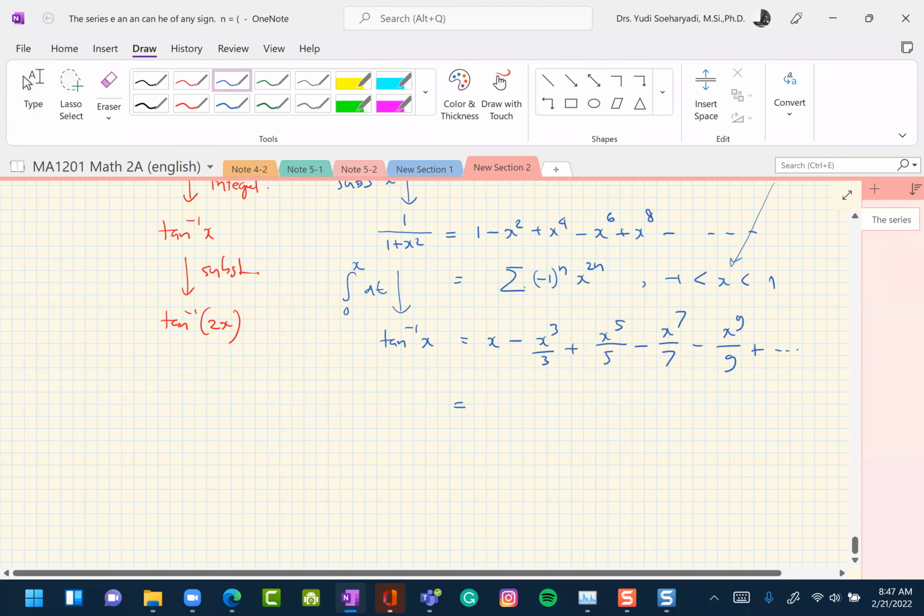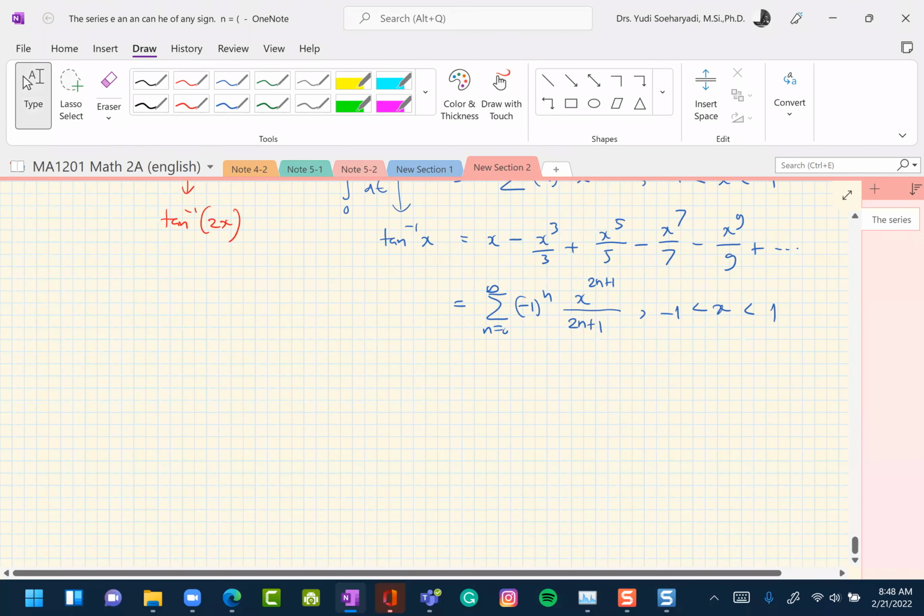And you can write this down as sigma from n equals 0. You just integrate this one here. So you have 2n plus 1, and then x to the 2n plus 1. So that gives you this series. And this is true for x between -1 and 1.